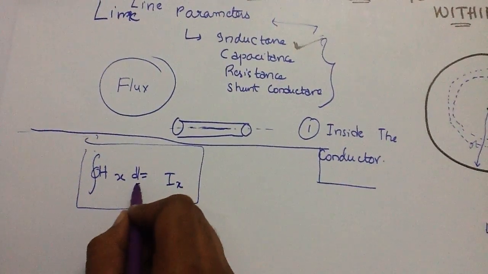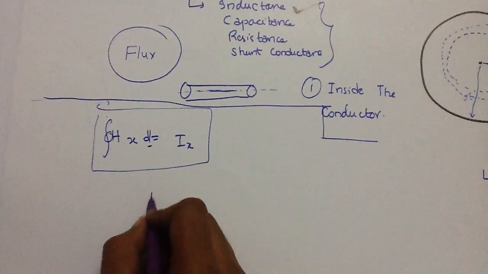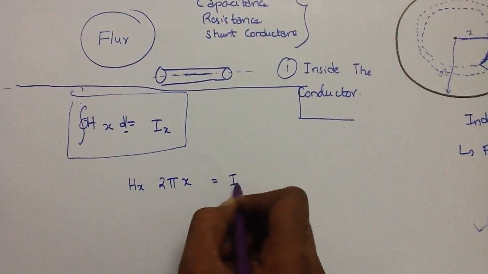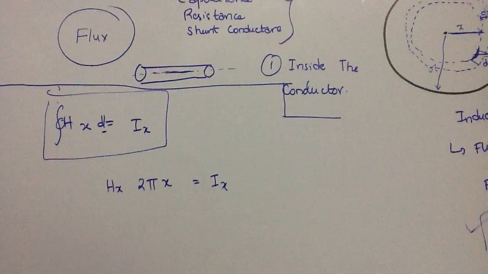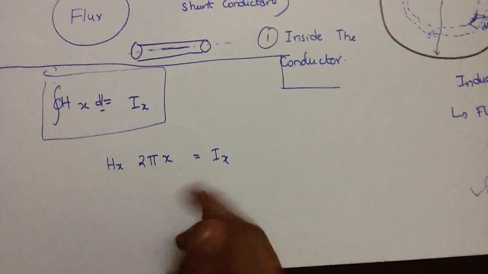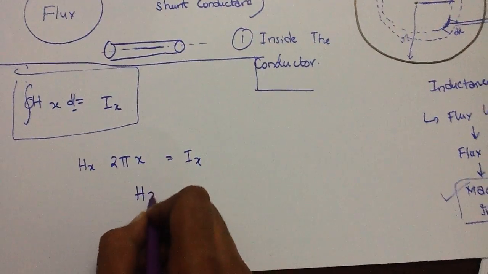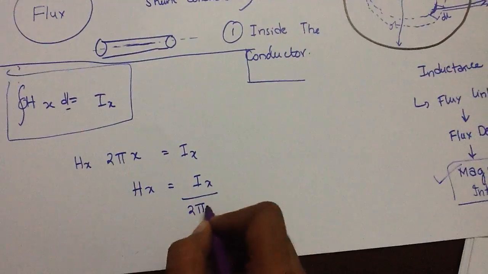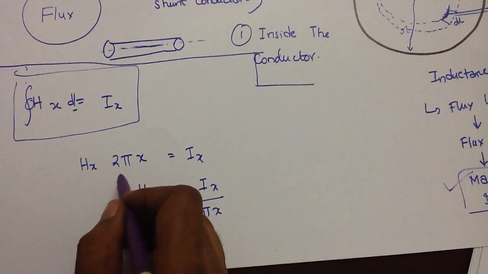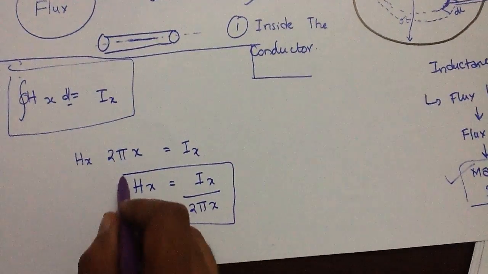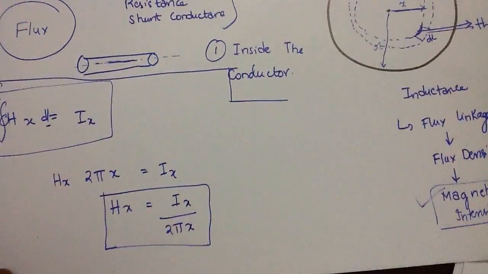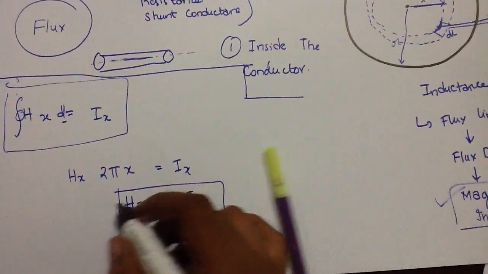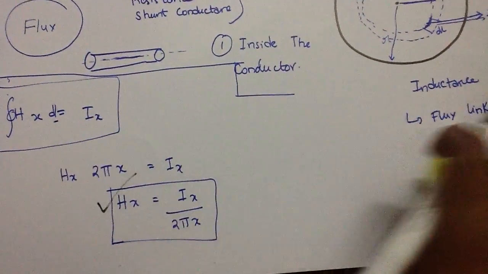So if I'm integrating dl, what I'm going to get is Hx times 2 pi x is equal to Ix. Now, what if I need just the value of Hx? I'm going to write it as Ix by 2 pi x. So Hx is equal to Ix by 2 pi x. This is the first thing you need to remember. We are done with that.